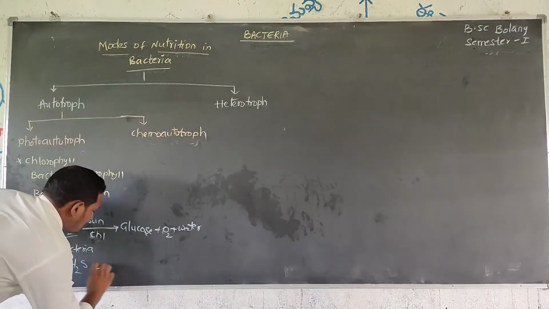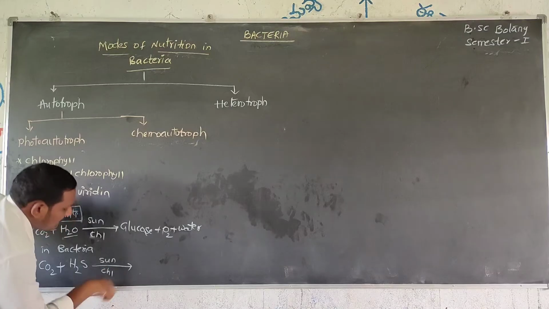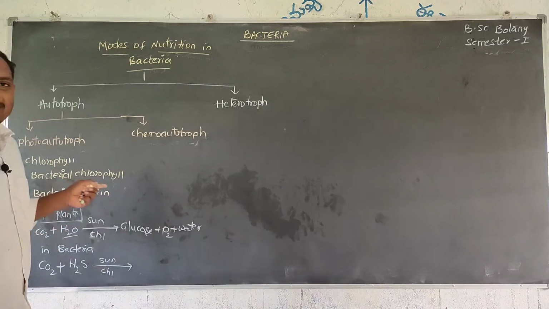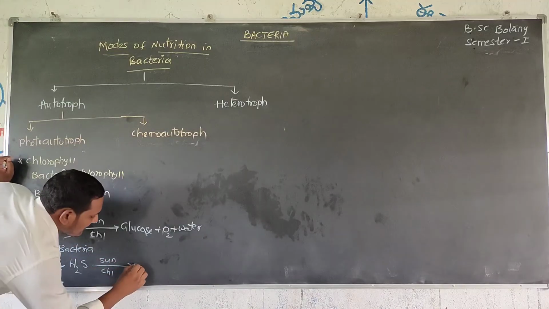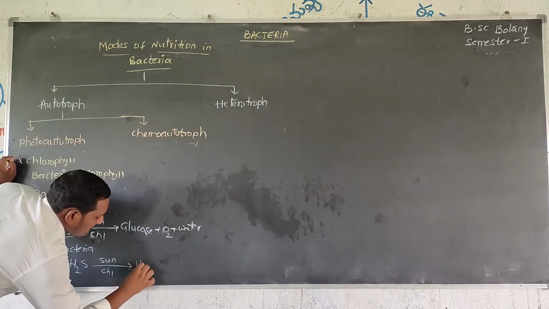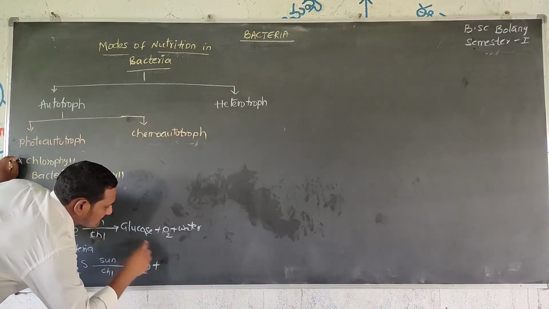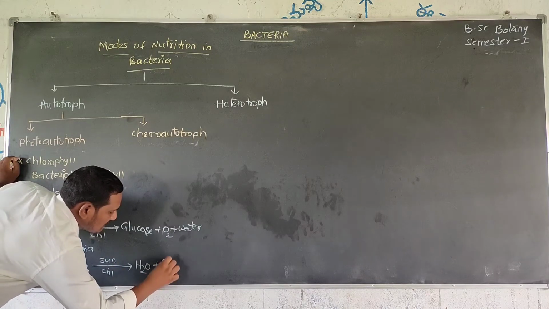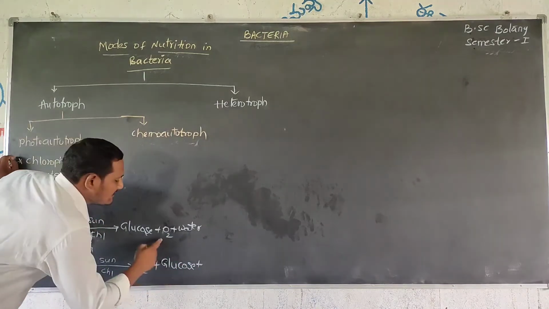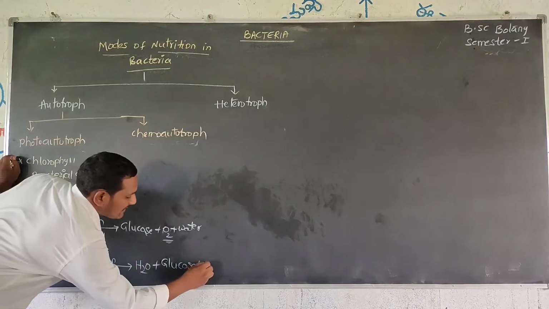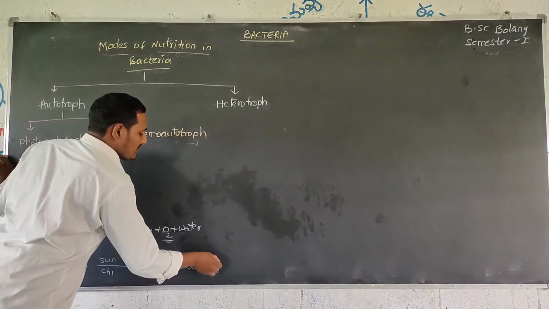Then with sunlight and chlorophyll, meaning bacterial viridin and bacterial chlorophyll, it prepares glucose and releases water, and instead of oxygen it releases sulfur, and energy.